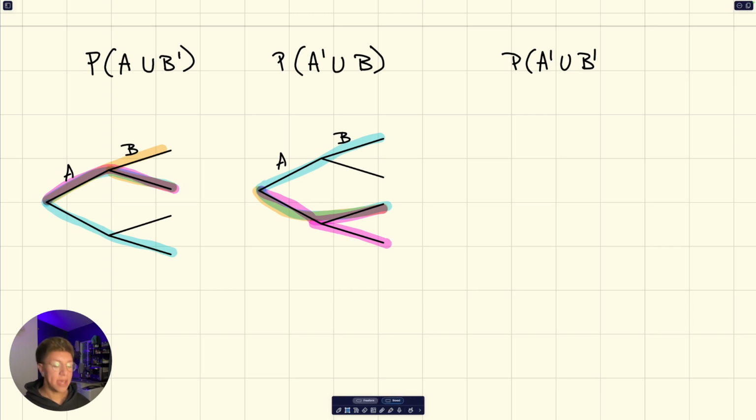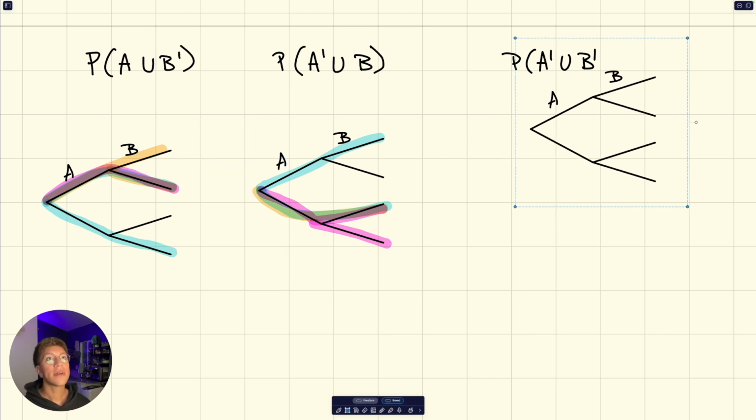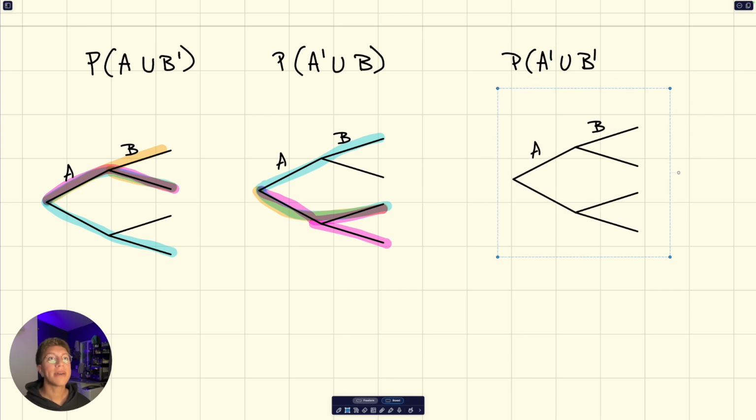And doing this one more time for the probability of A naught union B naught. Starting with our first event, A not happening, that's going to be our lower branch. So we say A, let's do pink. A does not happen here and there. Where does B not occur? B not occurs in our second branch and in our last branch. And where does A naught and B naught happen together?